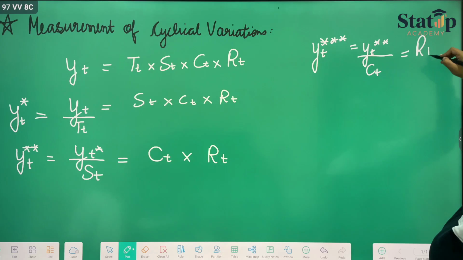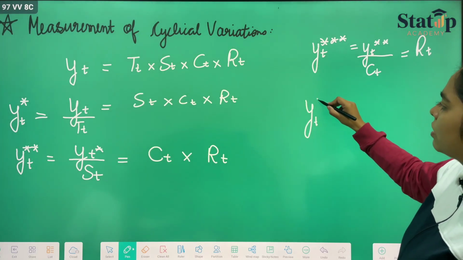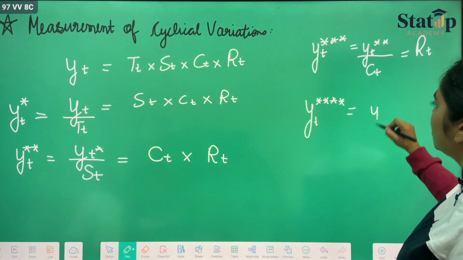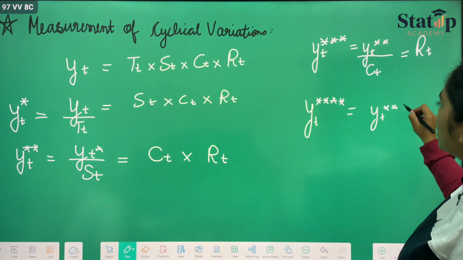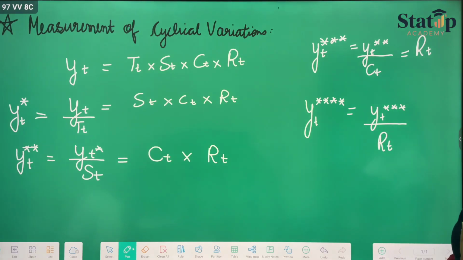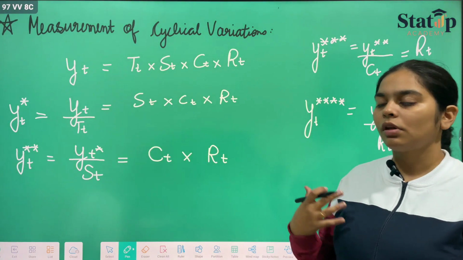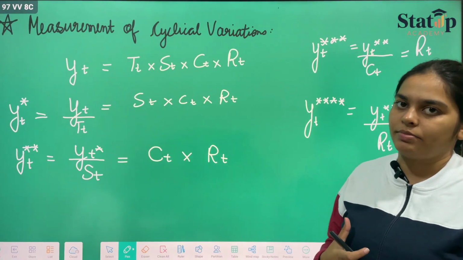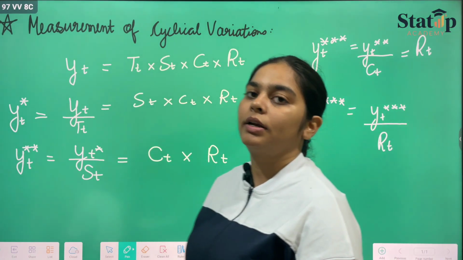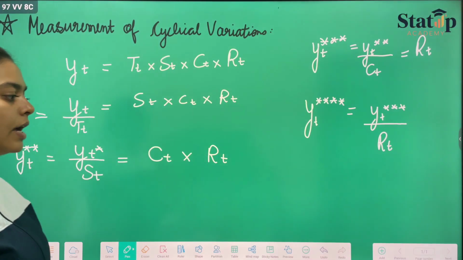Here we'll only be left with the random component, and in the fourth step, Yt4 star equals Yt triple star divided by random component. Hence our time series function Yt is independent of all the variations or all the components, and this would be our final answer. So this is the process that we are following.